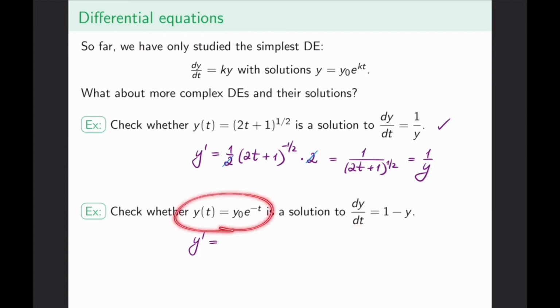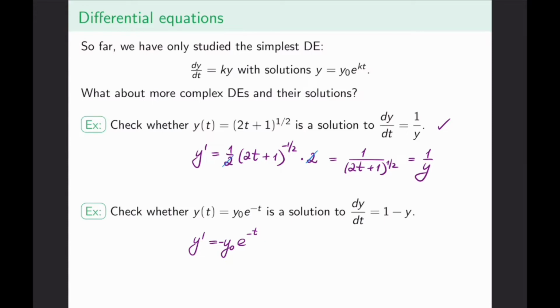So for this one, I'm going to leave y naught alone because that's a constant. The derivative of e to the negative t is simply itself. And then I have to multiply by the derivative of the inside, which in this case is minus t. So the derivative of that is minus 1, and I can put that in front of my entire function to simplify this a little bit.